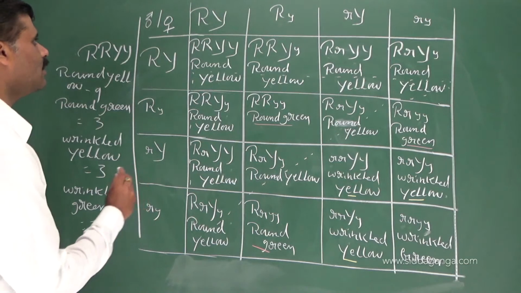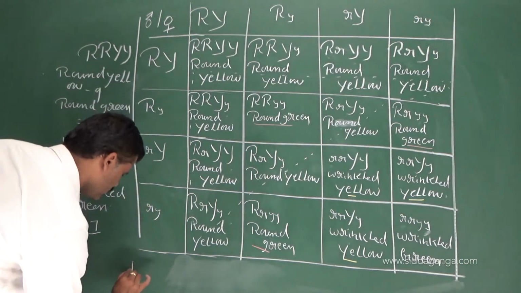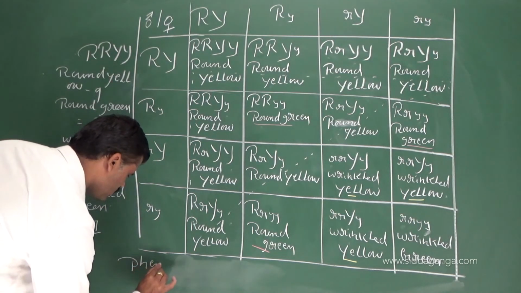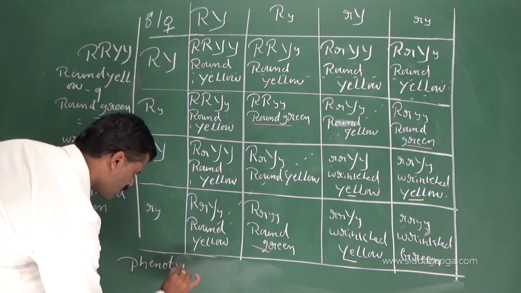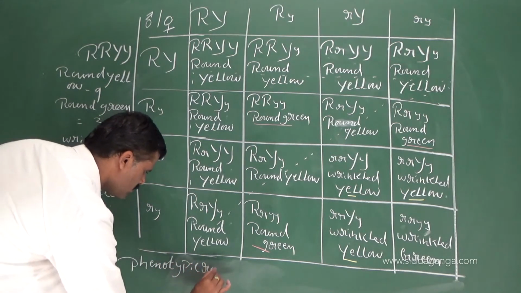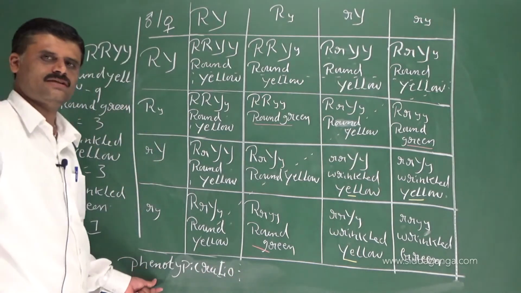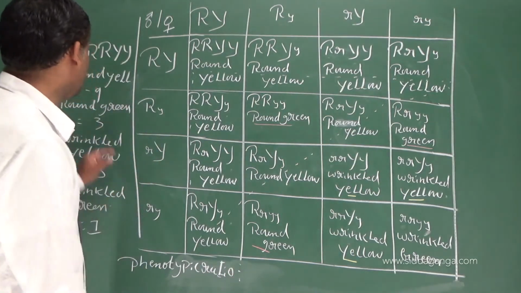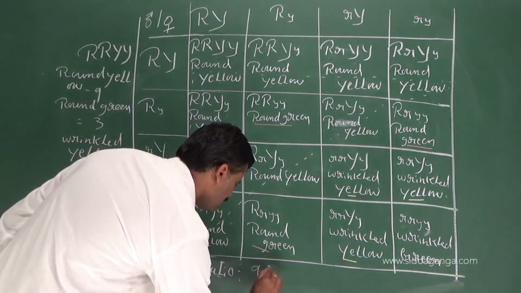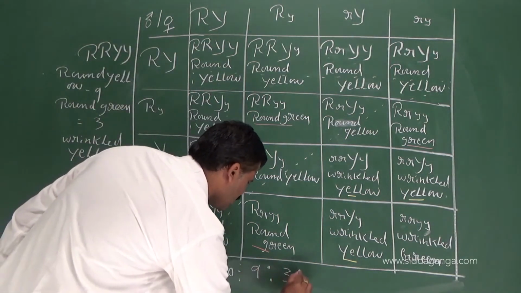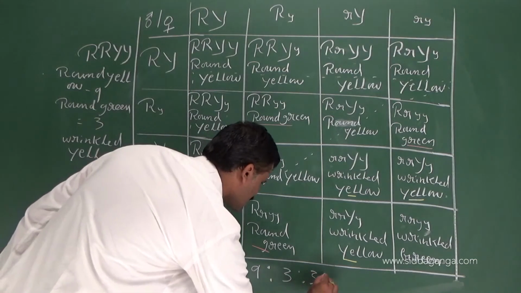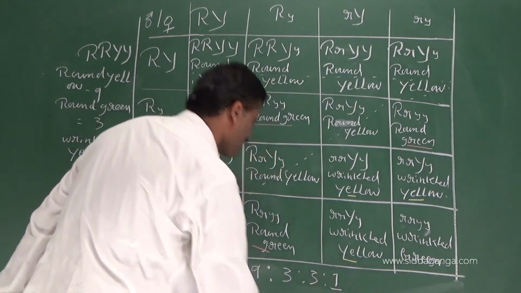And now the phenotypic ratio. This is the phenotypic ratio. Phenotypic ratio means the morphological expression, that is 9:3:3:1.